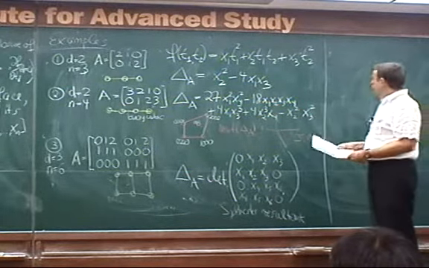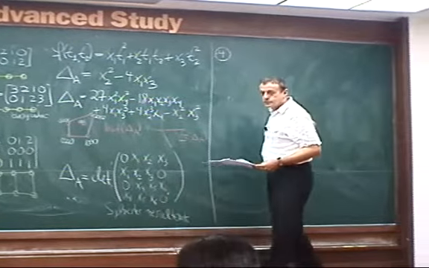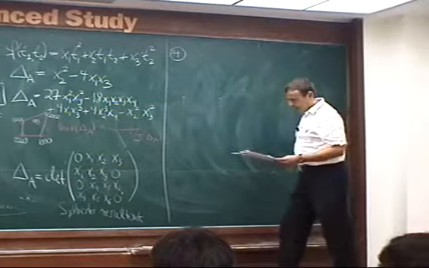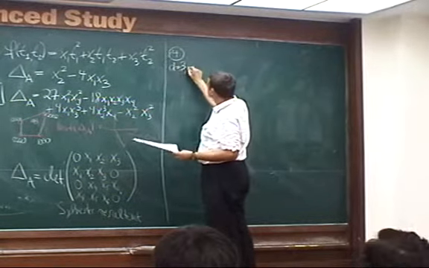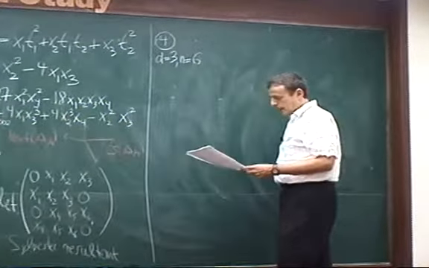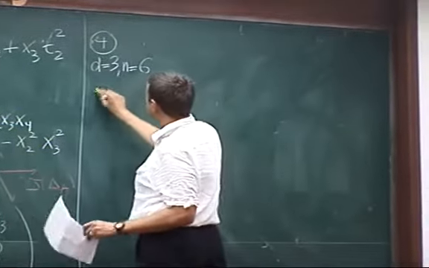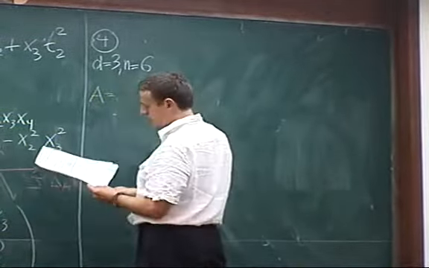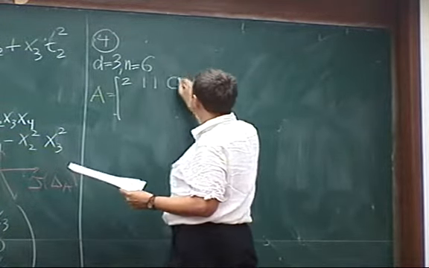Okay. I said I had 8 examples, so let's make this a little bit more interesting. Here's our old friend, the discriminant. So D equals 3, N equals 6. So this is the discriminant of a ternary quadric. Now A, in this example, is 2, 1, 1, 0, 0, 0.